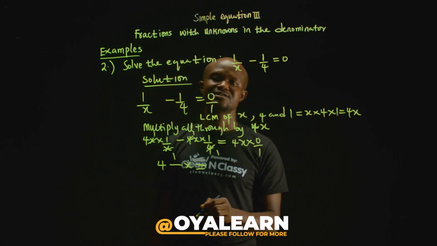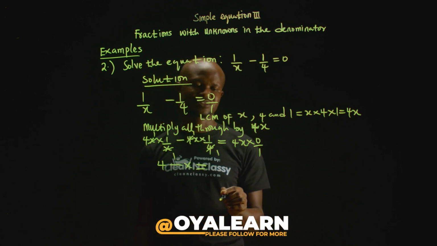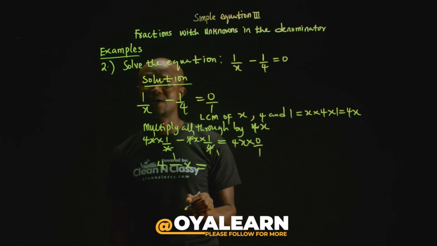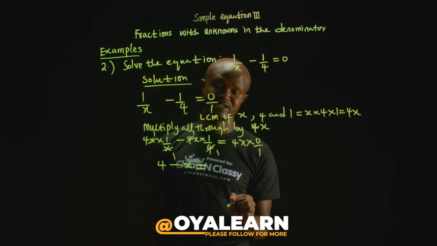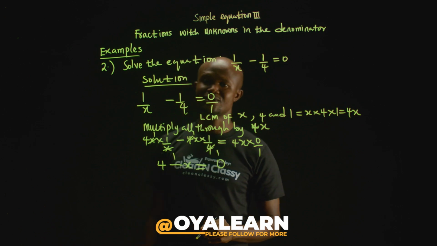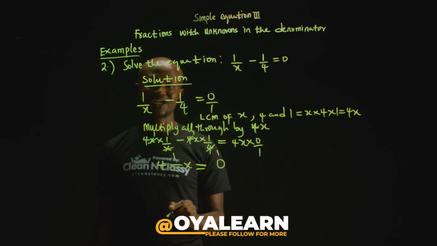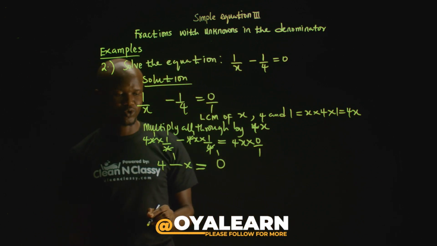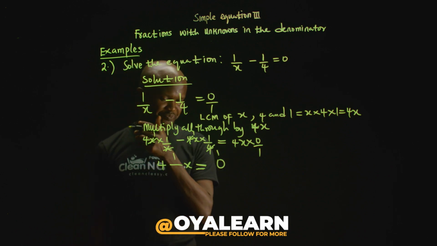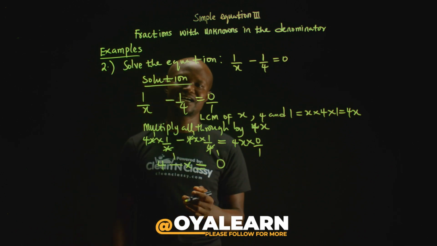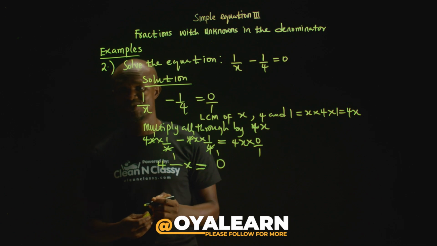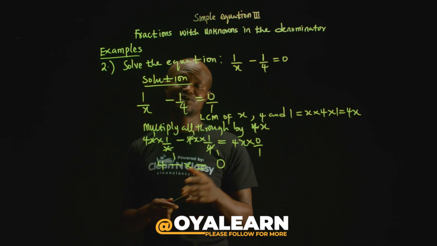4x times 0 will give us 0, and 0 divided by 1 will still give us 0. So we have 0 at the right. Collecting the like terms, we can just transfer minus x to the right hand side because we have 0 at the right.